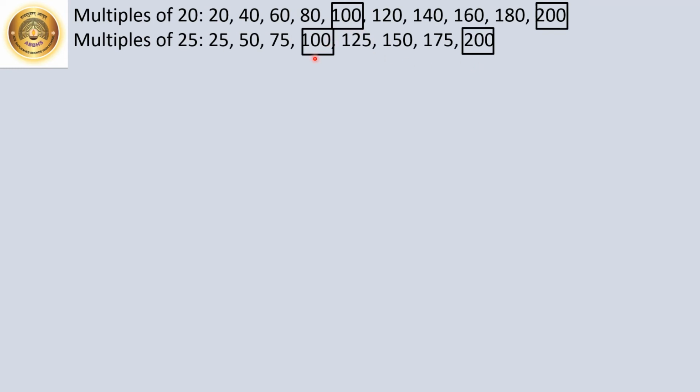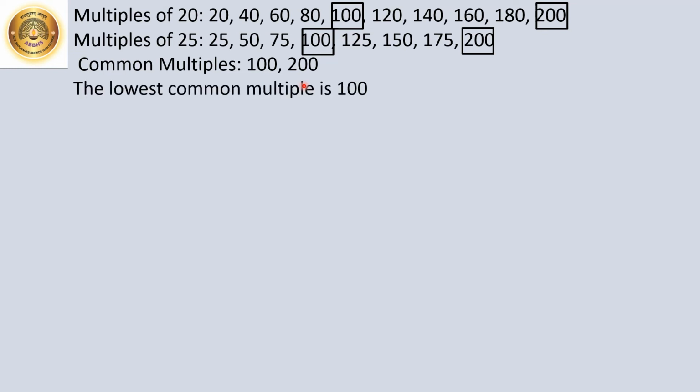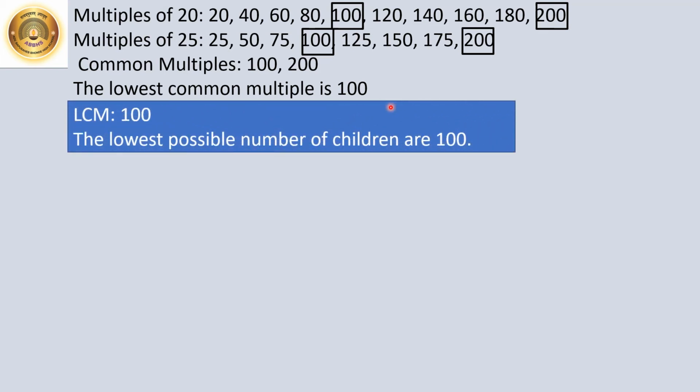See here, 100 is common and 200 is common. So let's write common multiples: 100, 200. The lowest common multiple is 100. So write the answer in the box. LCM is 100. The lowest possible number of children is 100.